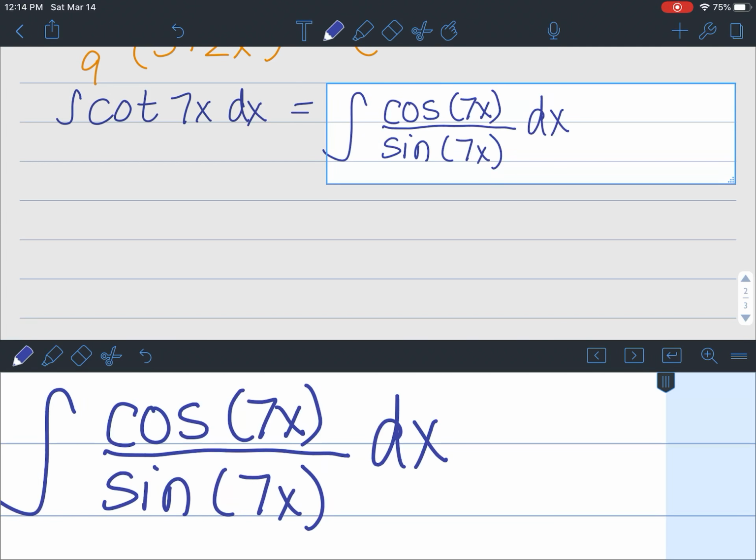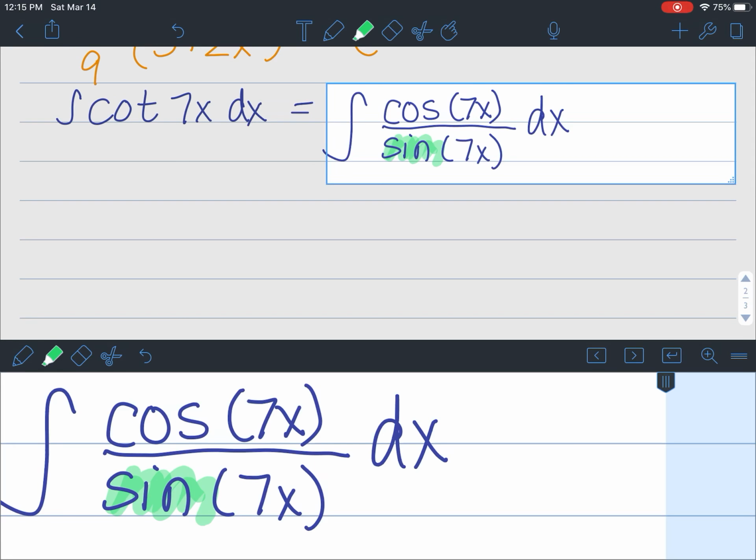Okay, so you have some options here. If you've noticed from the ones before, the way to pick out u is to see if u's derivative is somewhere in this integral already, because that's the only way that this works. So now cosine and sine are each other's derivatives in one form or another, but sine is on the bottom.